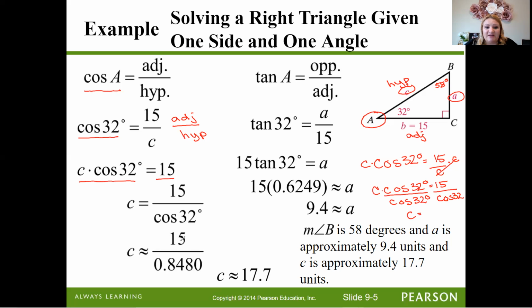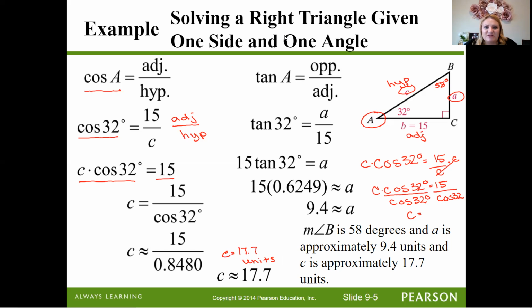So you would take 15 and divide it, and then you would get that C. So the side length C, we're not talking about the angle, we're talking about the side length C, is approximately 17.7 units. And we say units because it doesn't give us feet, yards, anything like that. So we just clearly say units.